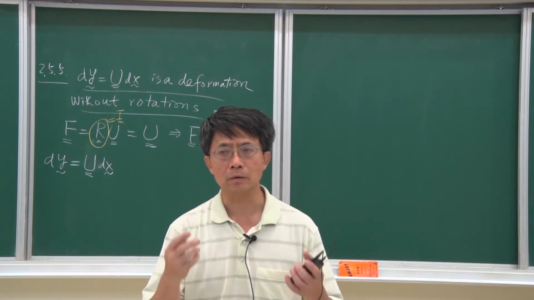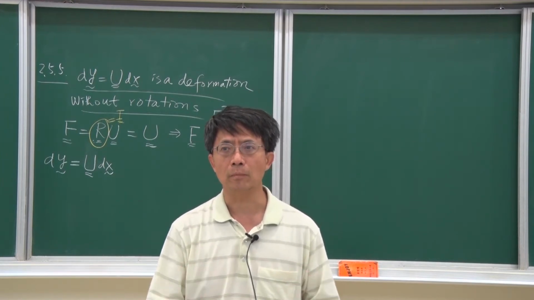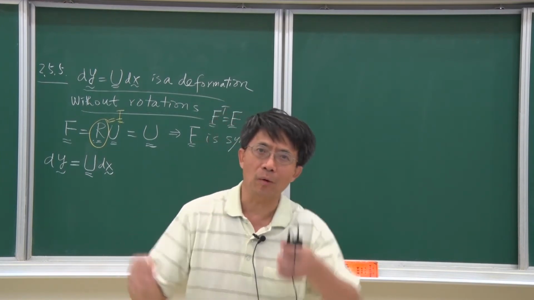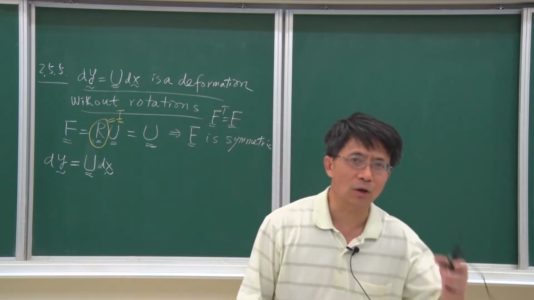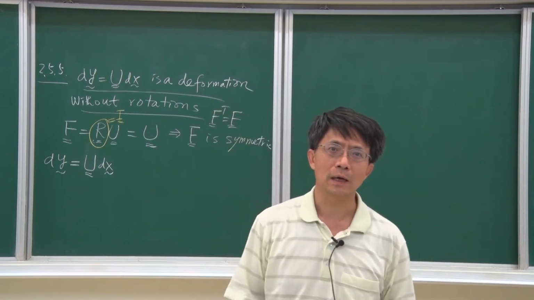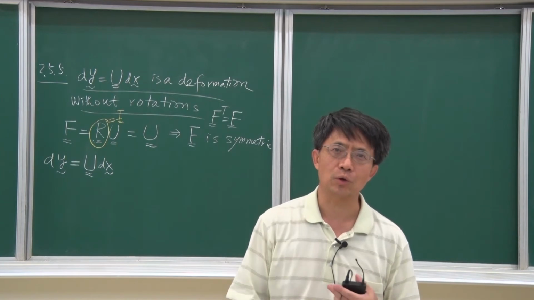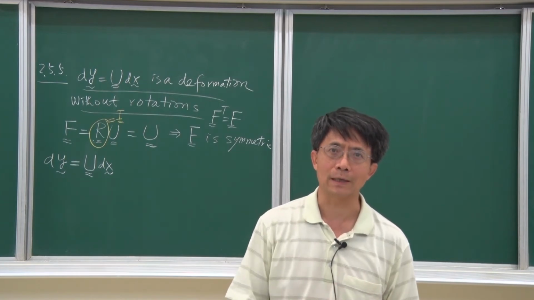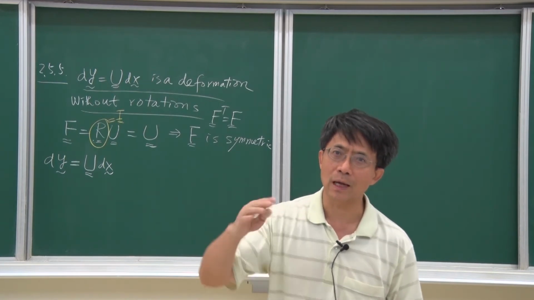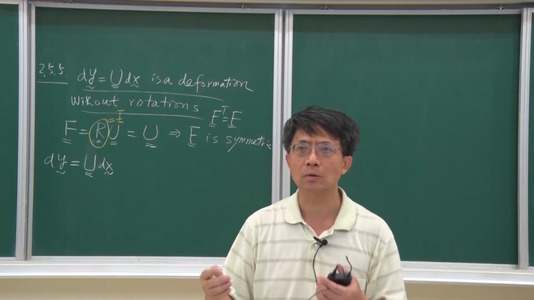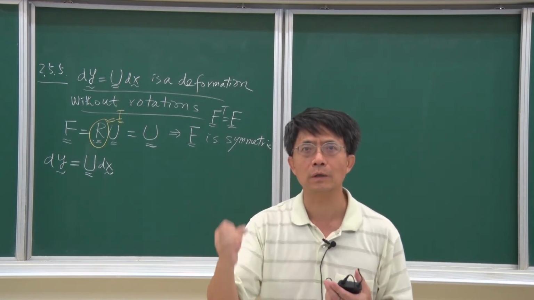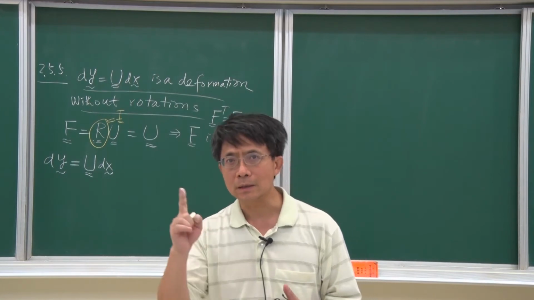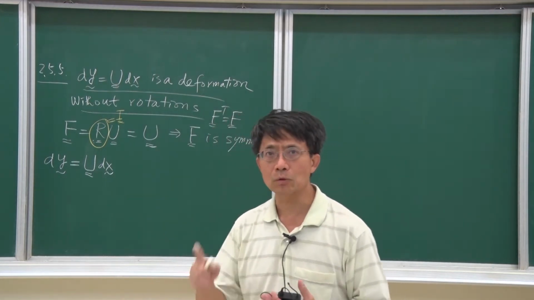The material point is deforming. So it is deforming, how come there is no rigid body rotation? It is a little bit tricky to bring up this idea. When the material line is rotating also, how come you say that the material point is not rotating? This is a very tricky idea. Let me do it very carefully.